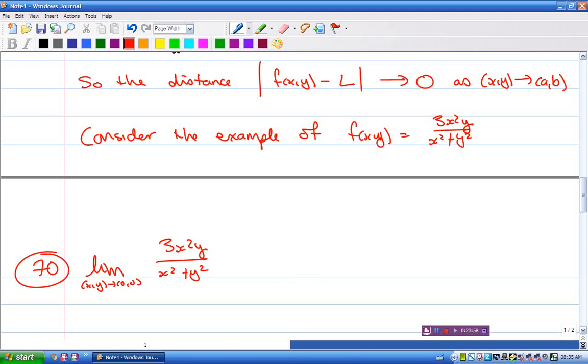Okay, look at the exercises that we've already done, 60 through to 65. 65 is a bit trickier to see. But look at the degrees of the polynomials in the numerator and denominator. If the degrees of the numerator and denominator are the same, there's a strong possibility your limit does not exist.